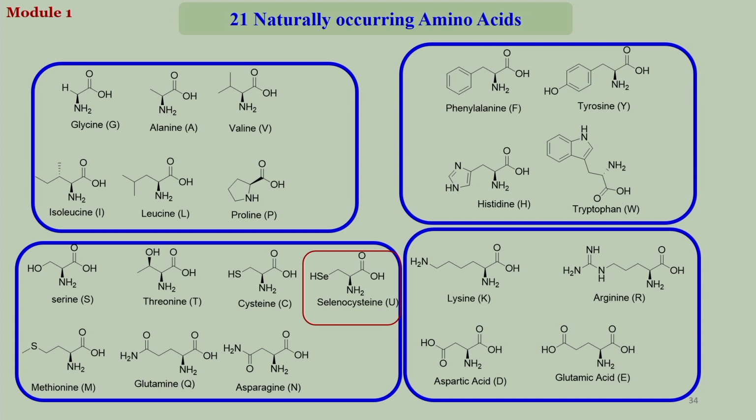If you look at the structure of the amino acids, it has a lot of chemical variations in their structures. For example, you start with glycine. Glycine has one hydrogen here, so it is basically a CH2 here.